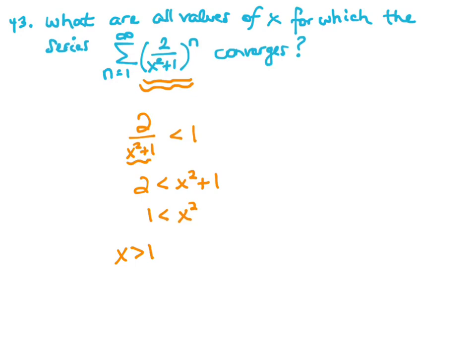But remember, when we square root both sides, we need to consider the positive and the negative. And if we consider the negative, that's going to flip our inequality sign. And so really our answer here is x greater than 1 or x less than negative 1, which corresponds to answer D.